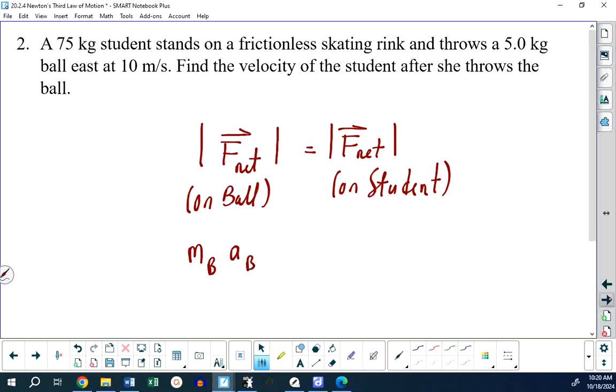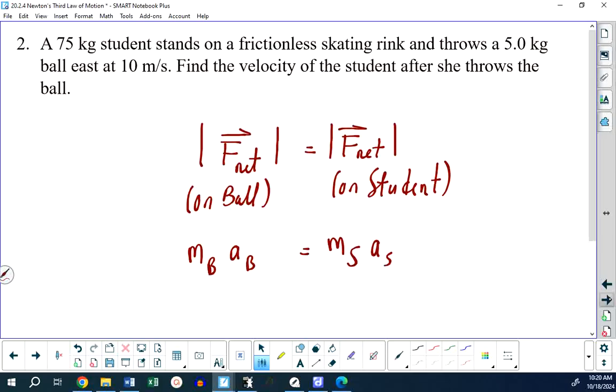And I hope you'll forgive me that I've gone over this a number of times where I say, if you don't want the vector, put the vector symbol in the absolute value signs. Are you okay with me just writing A with no vector symbol? It's the magnitude of the acceleration. It has to equal the mass of the student times the acceleration of the student.